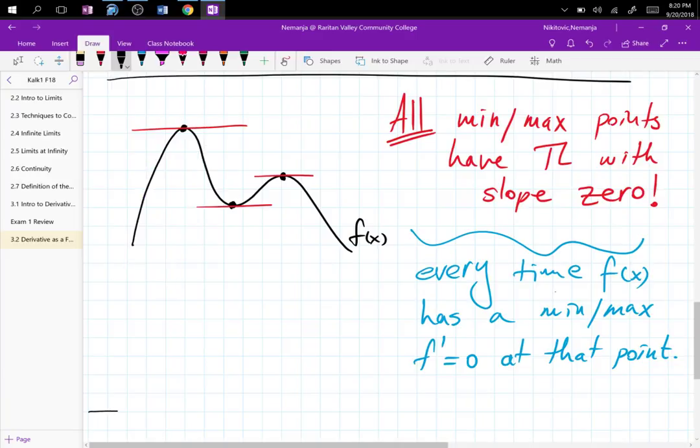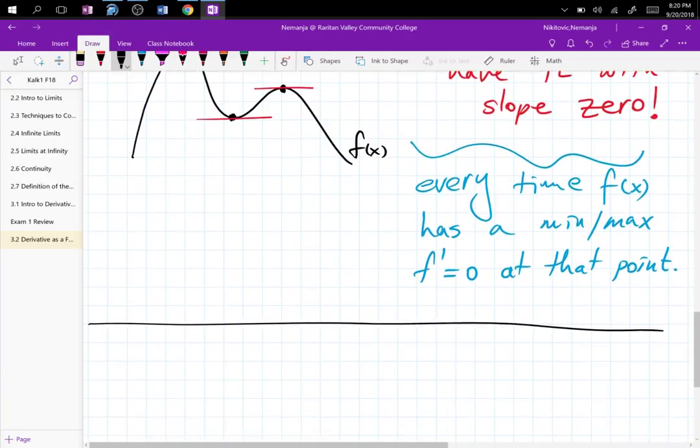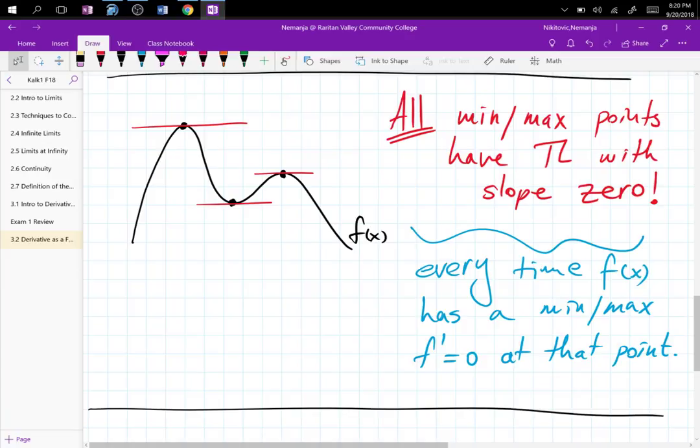Now, what we are interested in here in this lecture is the relationship between the function and its derivative, because the derivative is also a function. So is there some kind of relationship that is always there?